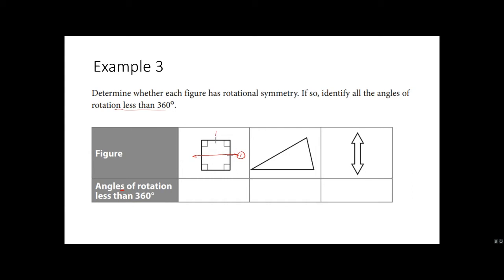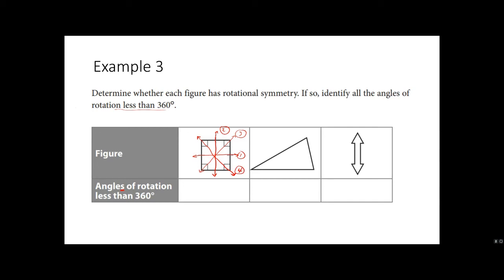I count 2 here. If I was to fold here, that would work also. So that's 3. And if I was to draw a line here, that would fold and map onto itself. So that is 4. So I have 4 lines of symmetry.